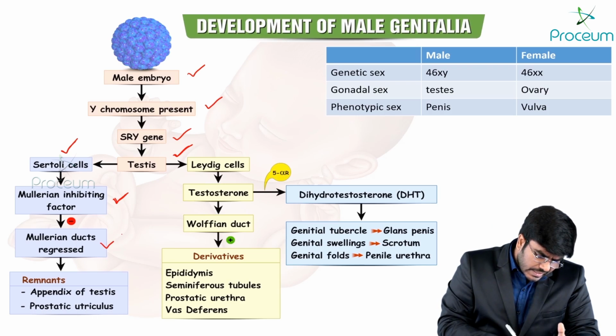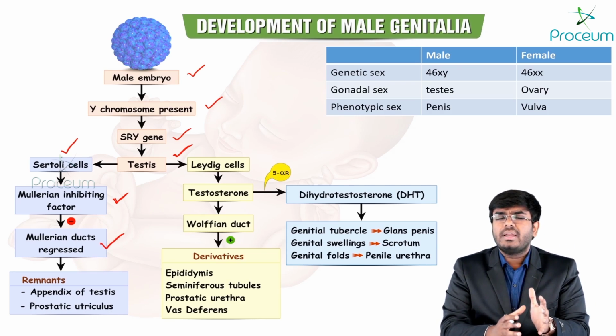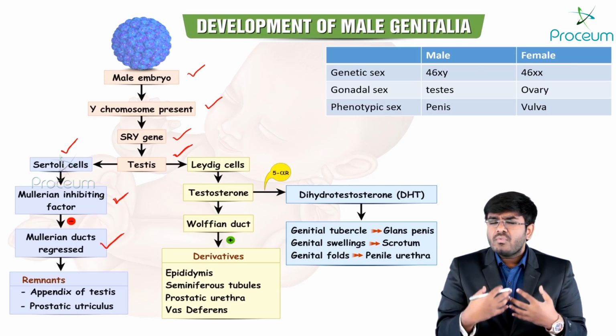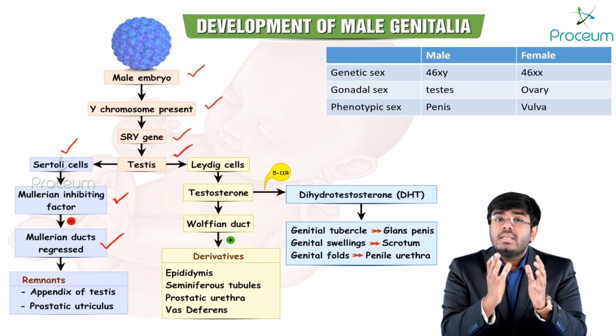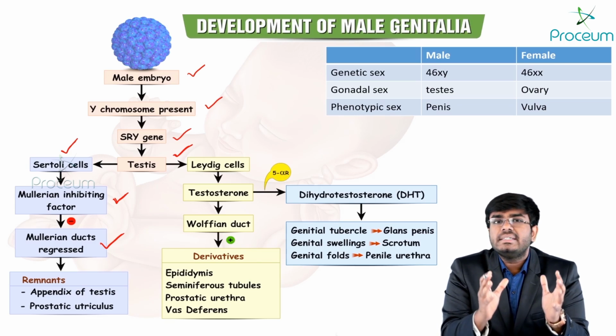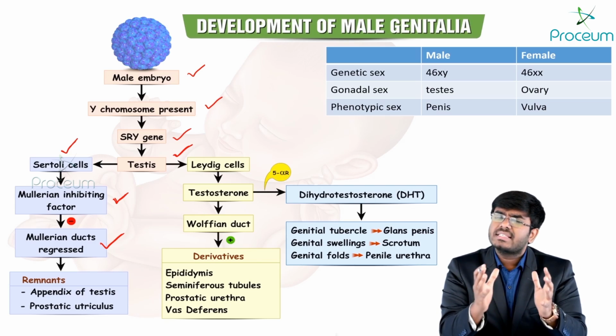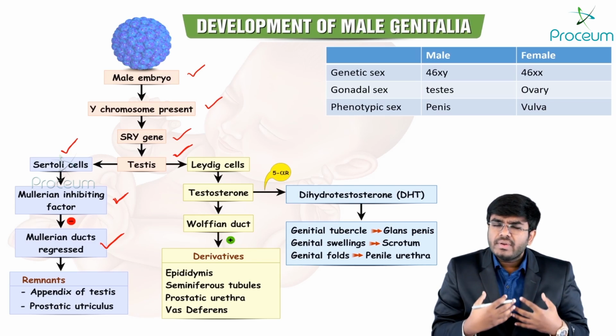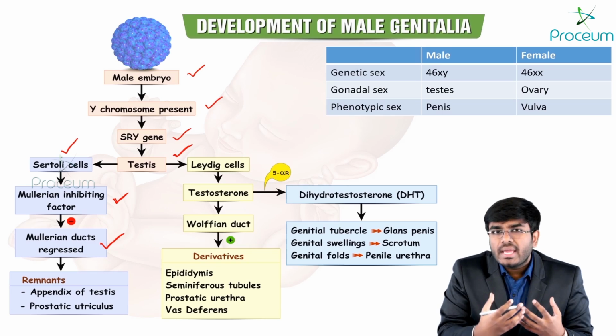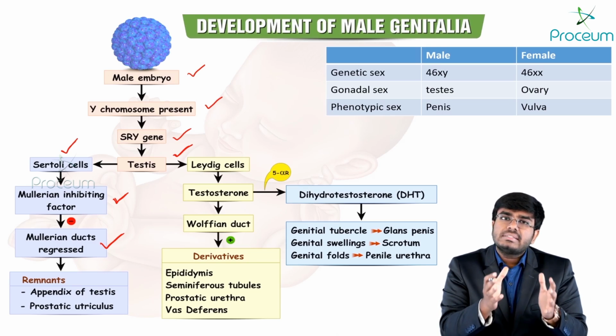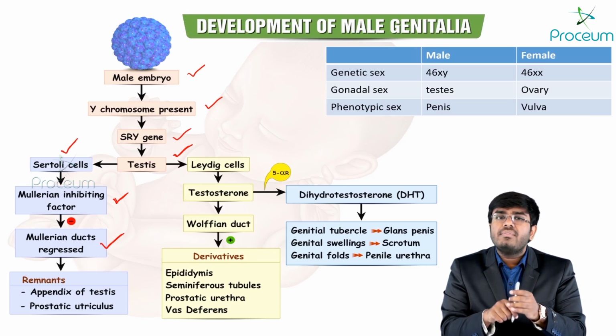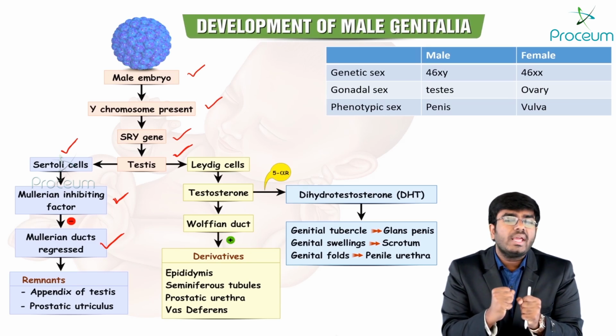Once the Mullerian ducts are inhibited or regressed, in a male fetus there are no Mullerian duct derivatives. What do I mean by that? A male fetus makes the Mullerian inhibiting factor, and that factor causes the regression of the Mullerian ducts.